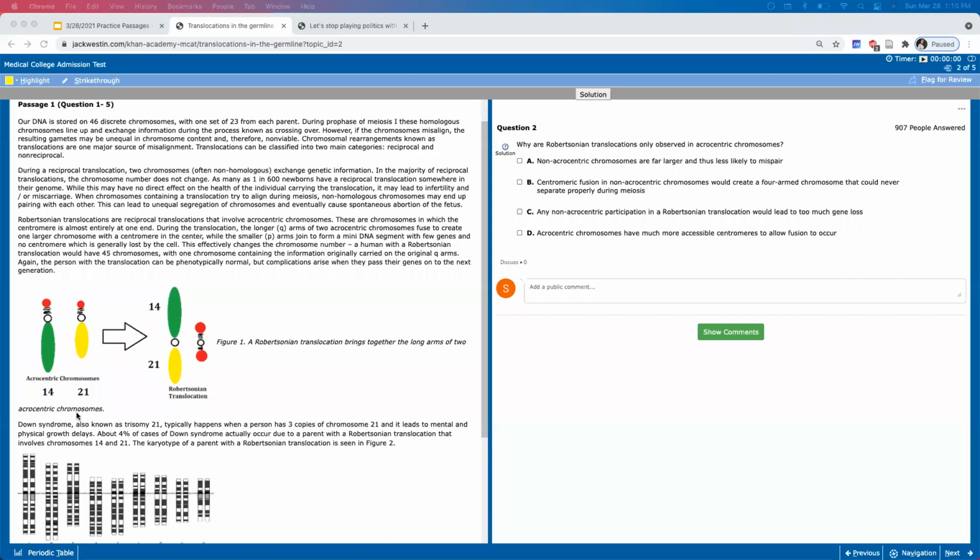Does that make sense? And it's not because the other ones are larger or less likely to mispair. And we didn't really address the meiosis part of this for B. And then for D, we didn't talk about if the centromeres are more accessible. Does that make sense?